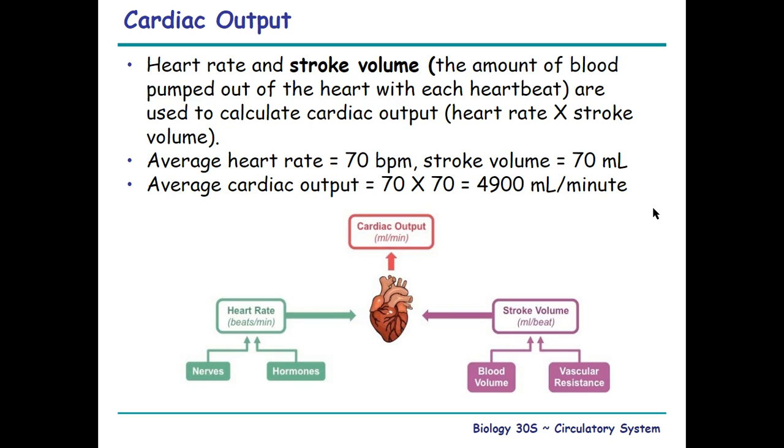Stroke volume, 70 milliliters. Average cardiac output is 70 times 70, or 4,900 milliliters per minute. You see here in this visual representation, the cardiac output entails both heart rate in beats per minute and stroke volume in milliliters per minute.